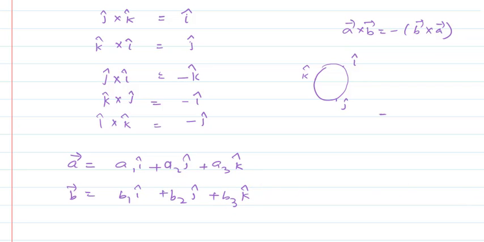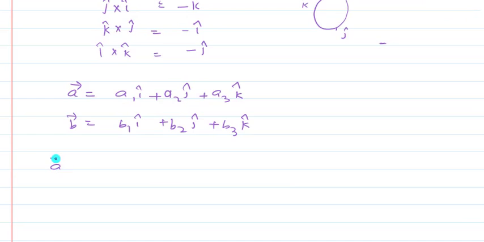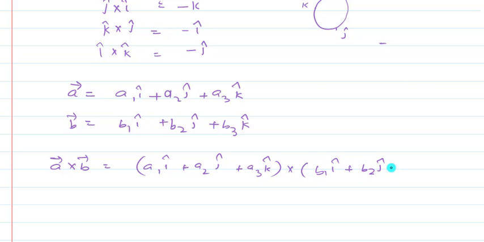Now let us find A cross B. So A cross B is equal to A1 I cap plus A2 J cap plus A3 K cap cross B1 I cap plus B2 J cap plus B3 K cap.